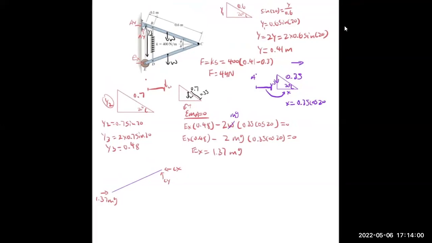And on this rod, we have two forces right here. One is the weight at the center. And then the other thing is this spring constant force right here.